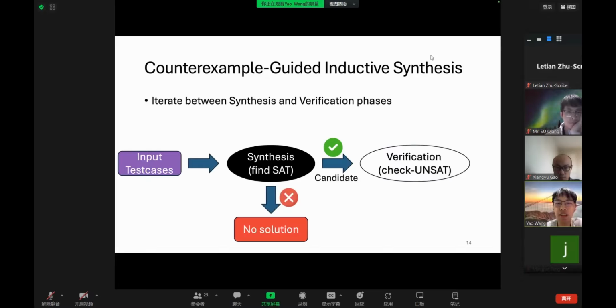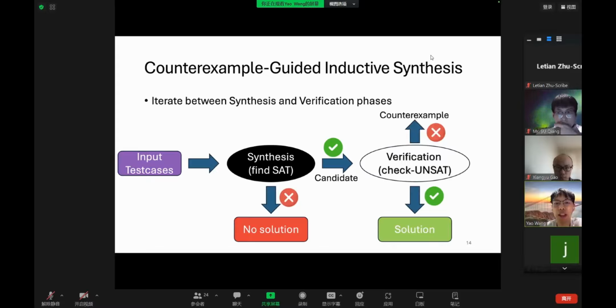If it cannot find such a solution for the subset of the input space, it cannot find a solution for the whole input space for sure. Otherwise, the synthesis phase passes a candidate solution to verification to check whether there is any example that makes the verification fail. If there is no such example, the candidate can be regarded as the final solution. Otherwise, it outputs a counterexample and adds the counterexample to the set of input test cases and continues this synthesis and verification loop.